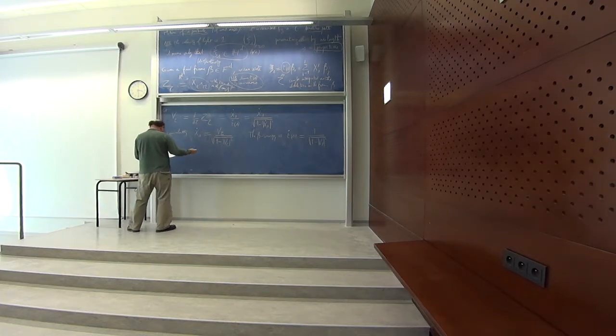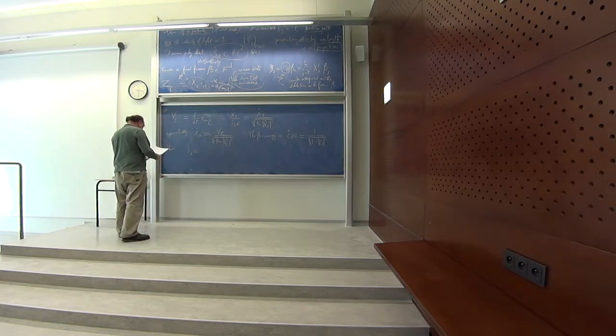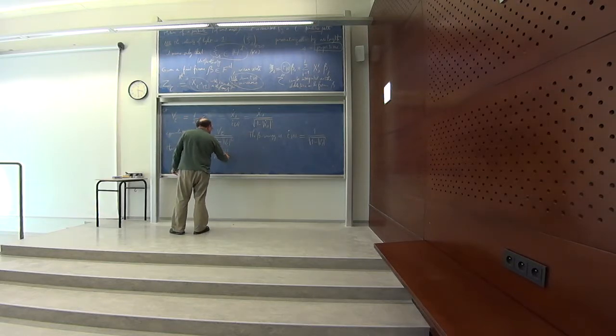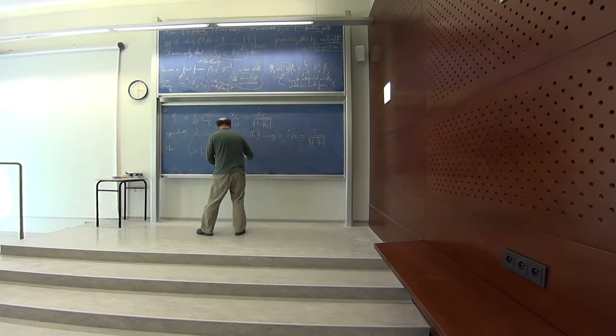And thus, writing the same things again, I have this is beta naught plus the sum from G equal 1 to D of V G times beta G, divided by this same quantity.